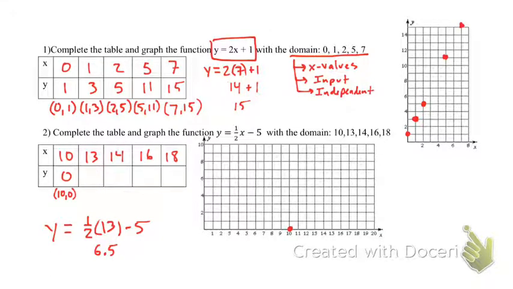Or 6.5 minus 5. If you do this computation right, you get 1.5. So my next point is 13, 1.5. Let's plot that bad boy. 13 and 1.5, so we're going to go to 13 and up 1.5, which is right halfway here.